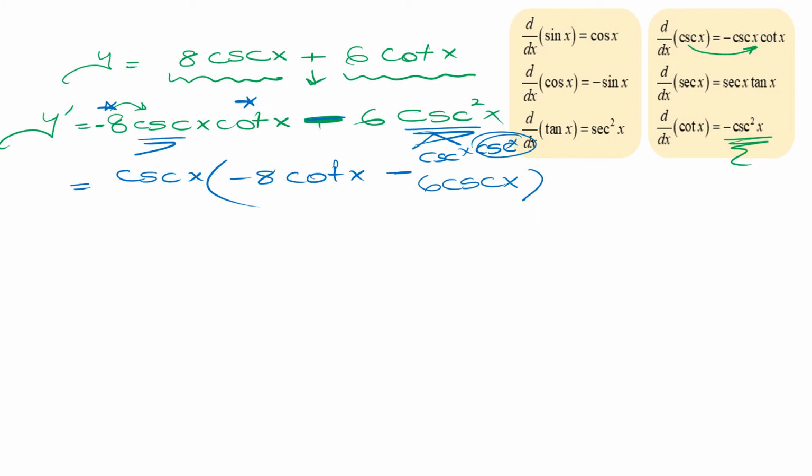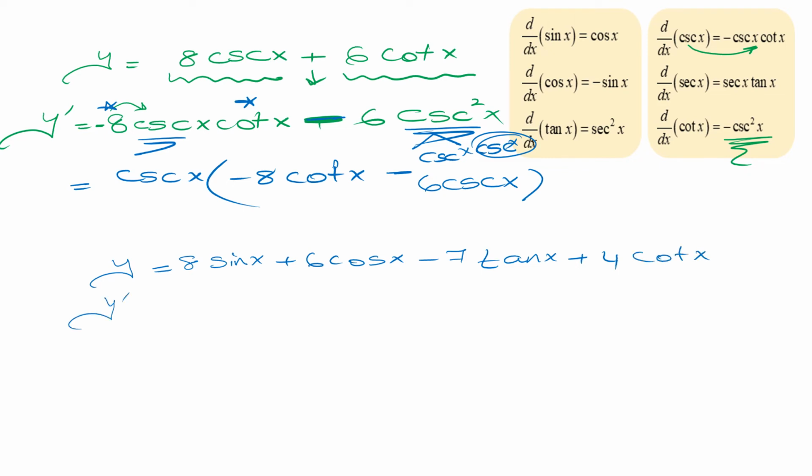Try to solve one more question. Let's suppose it is y. Let's make it more complicated. 8 sine x plus 6 cos x minus 7 tangent x plus 4 cot x. Okay, so take the derivative. You know everywhere you will use the constant multiple rule and write the constant as it is.